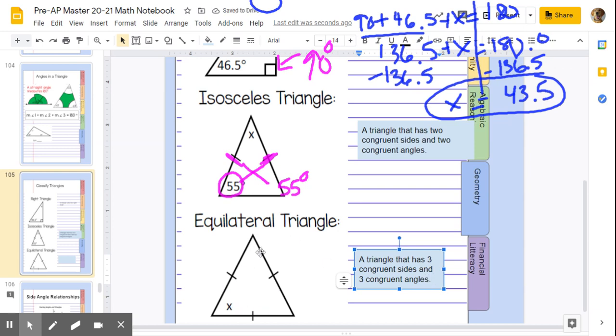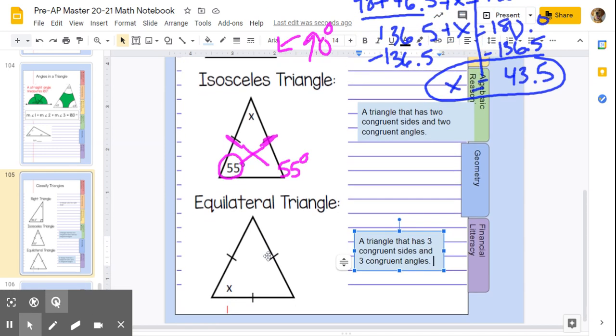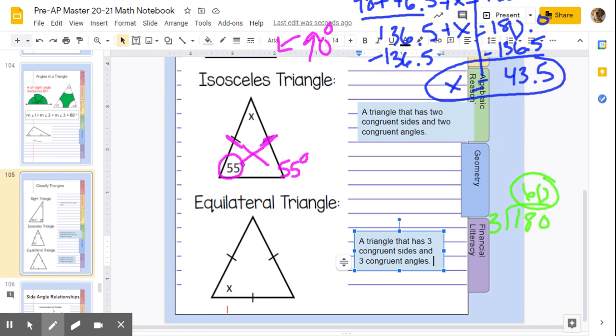They're all equal sides and they're all equal angles. So in an equilateral triangle, all of the angles have the same measure. That means to find the angles of an equilateral triangle, we're going to take 180 degrees and divide it by 3, which would give us 60. So every angle in an equilateral triangle is 60 degrees.